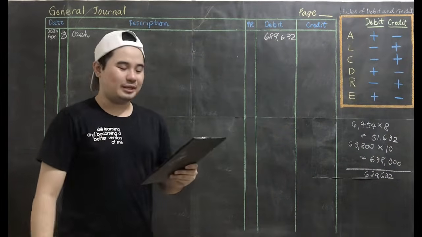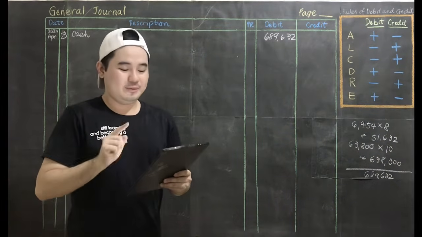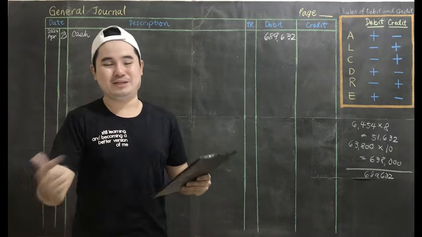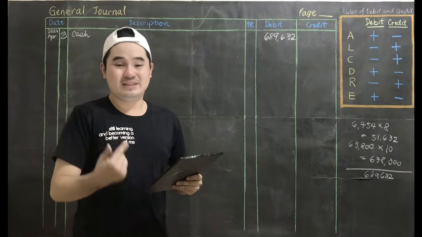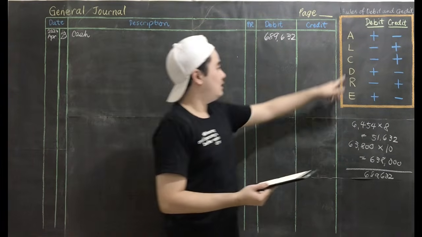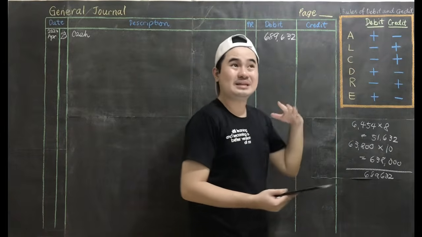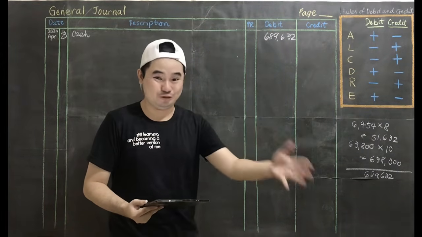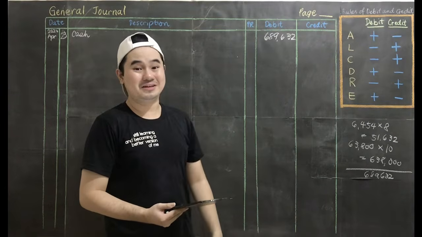Tapos, anong sabi natin? Pag advance payment pa lang, pero hindi pa natin sila nadadala sa Cebu, hindi pa natin nadadala sa Japan, hindi pa natin nagagawa yung service, this is what you call unearned revenue. And unearned revenue is a liability account. Kasi, parang ang dating, ang utang natin sa customers, yung mabigyan sila ng service. Kasi nagbayad na sila eh. Okay?